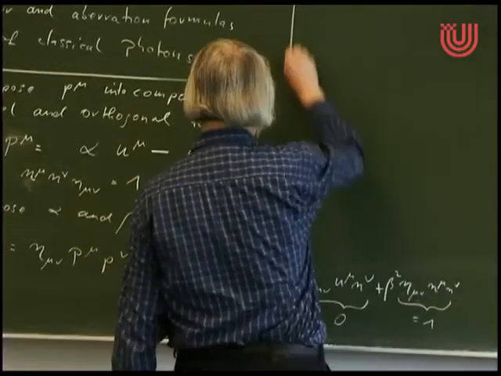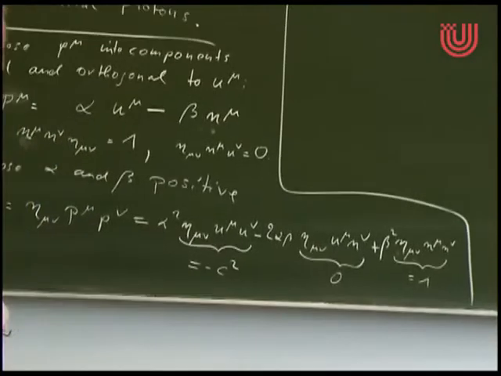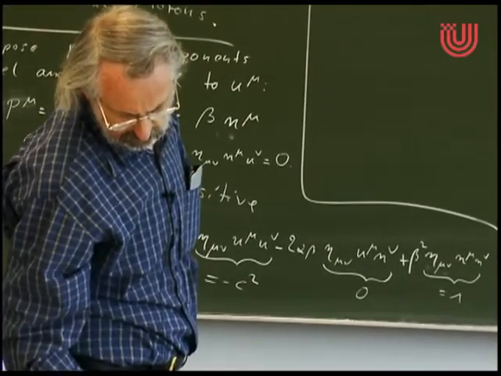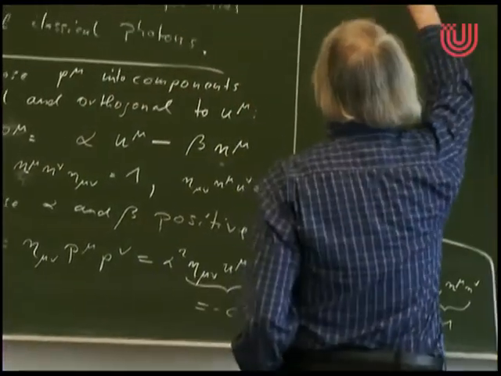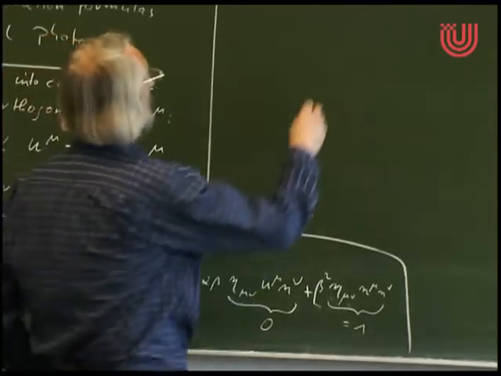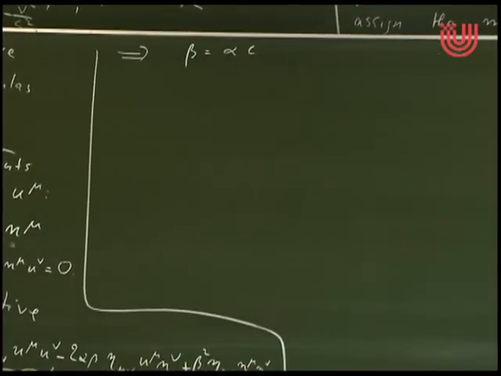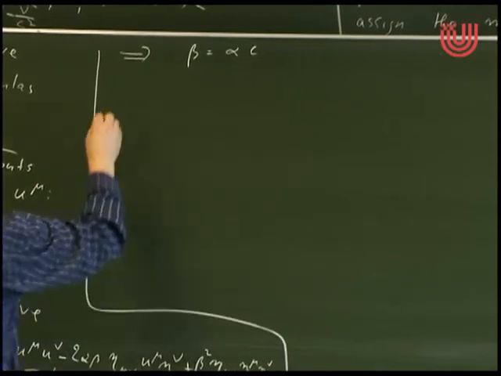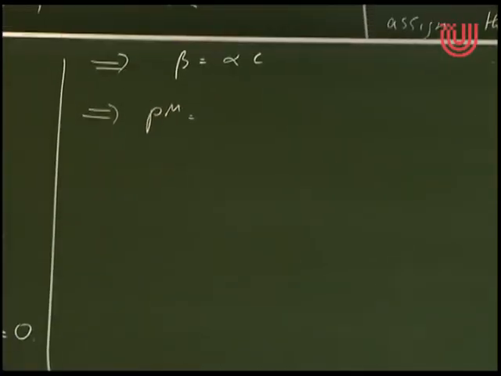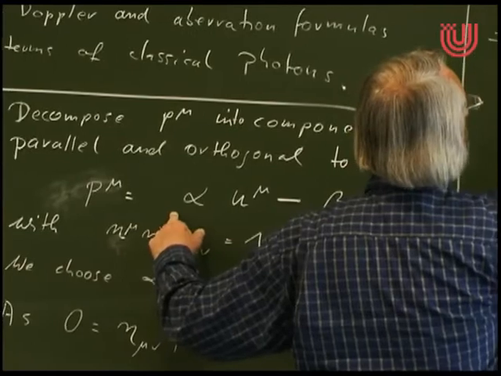So we have that. For which quantity do we want to solve? Both are positive, right? Both are positive. And then I have beta is alpha times c. So beta is alpha times c. And I can insert this into my expression for p mu. So I can write an alpha in front of the whole thing.